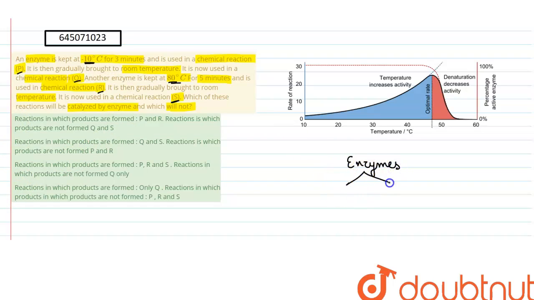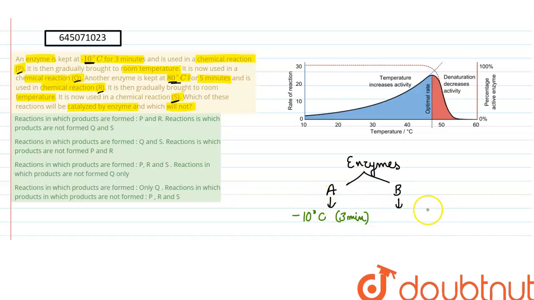We have two enzymes. Let's say first is the enzyme A and second is the enzyme B, right? Now the enzyme A is kept at -10 degrees Celsius for 3 minutes, right?